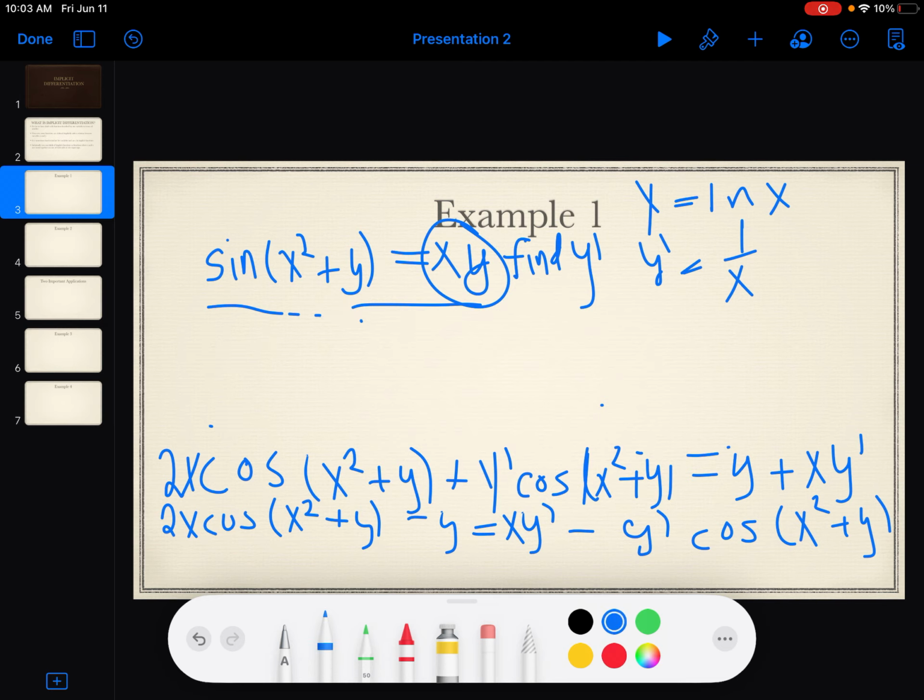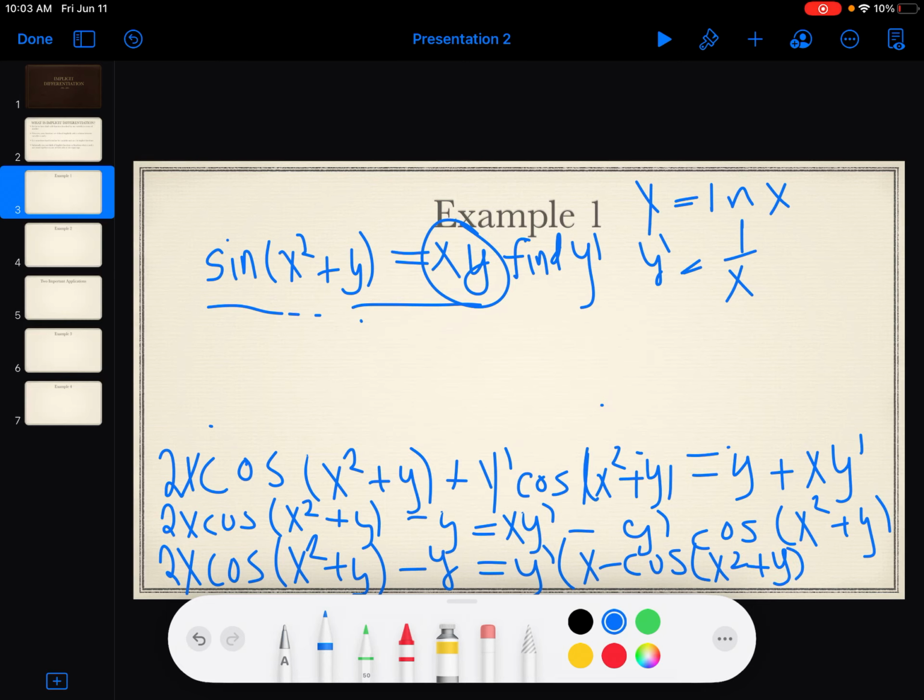So just going to continue this here. So we got cosine of x squared plus y, minus y is equal to y prime times x minus cosine of x squared plus y.